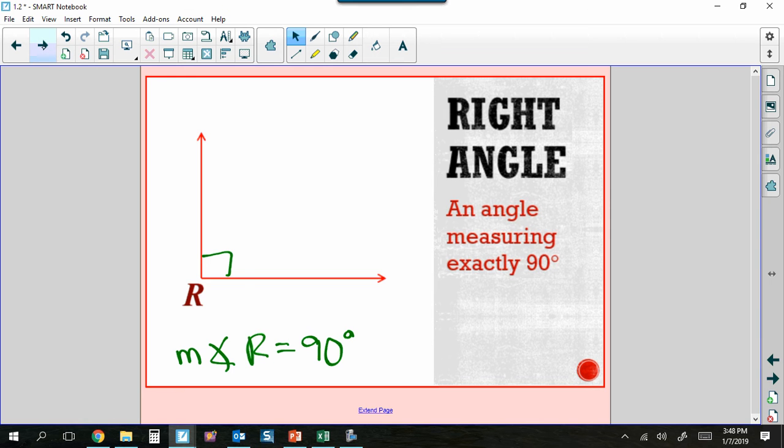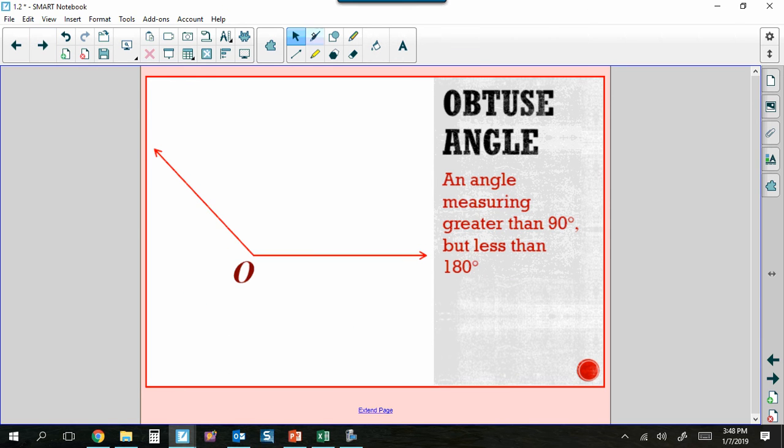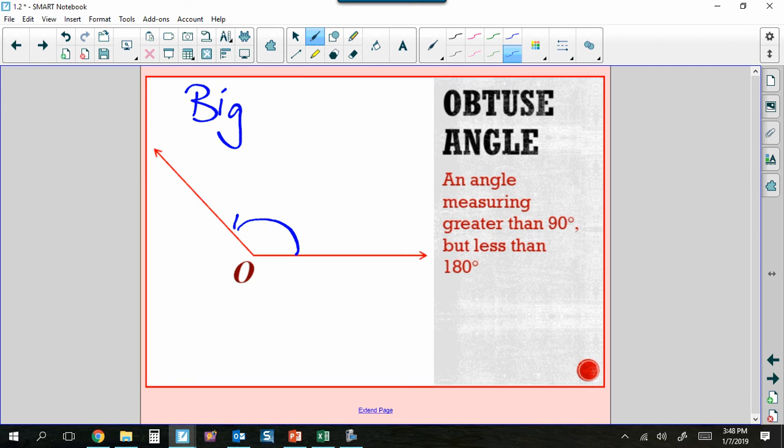Absolutely. Okay, so our next one is going to be our obtuse angle. I have written a little side note in my notes saying that this angle is the big one. This is our big angle. It's going to be bigger than 90 degrees and less than 180, and we'll see why that is on our next vocabulary word.